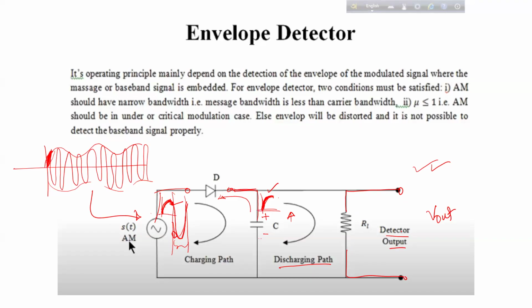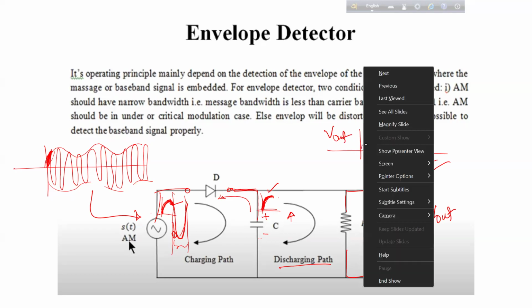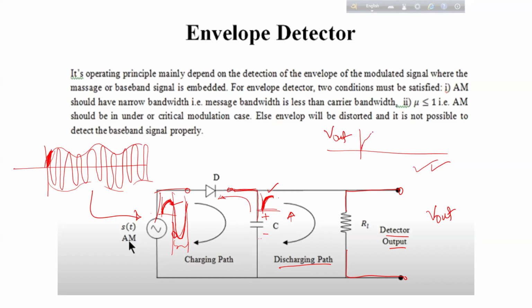So when it is being charged, if I draw the detector output, V out, how will it look? When the capacitor is charging, it is following the input signal. When it is discharging, it is slowly discharging.